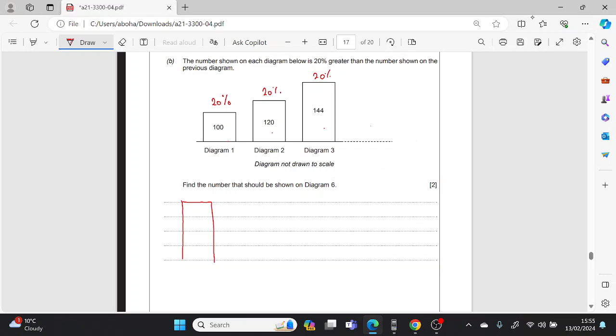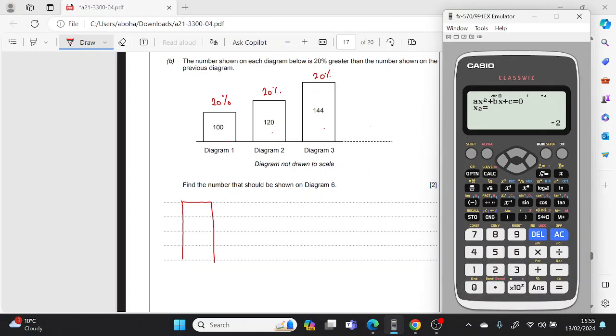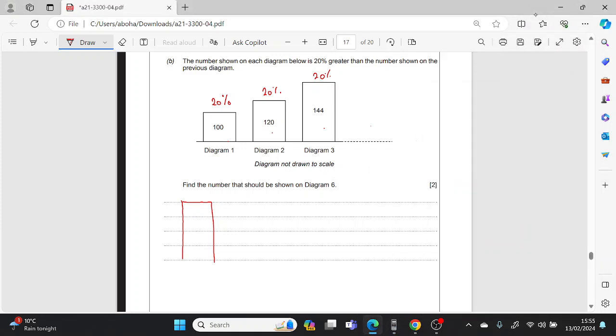Okay, 20% times 144 is 28.8. So we're going to do 144 plus that answer, which is 172.8. Yeah, I think I must have done something wrong there.